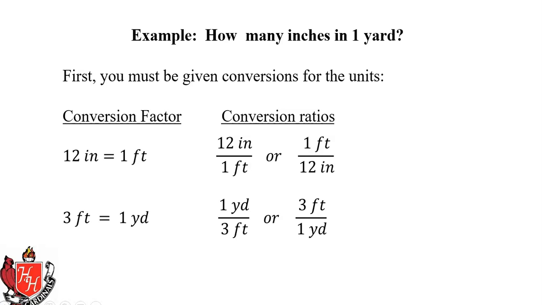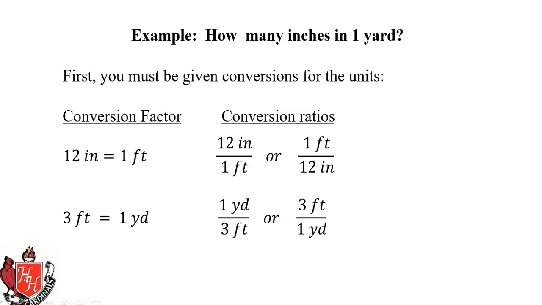You can create 2 ratios from each conversion factor. There's 12 inches for every 1 foot, that's the 12 inches over 1 foot, or there's 1 foot for every 12 inches. You can state it in either way because you do have a unit of measurement attached to the number. So those are both valid statements.